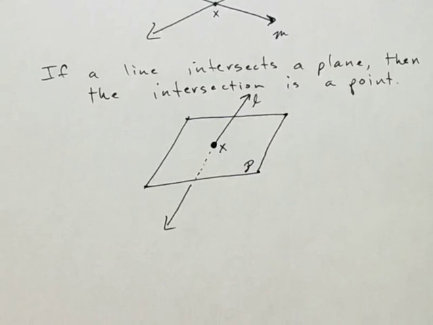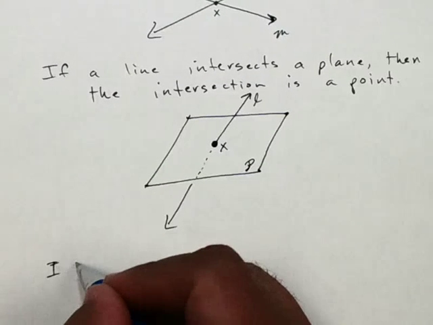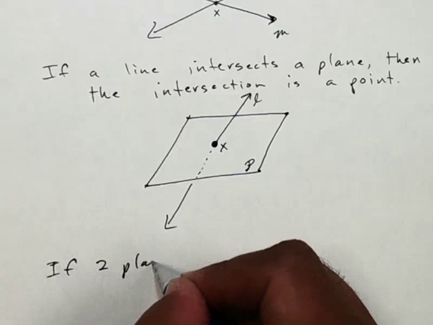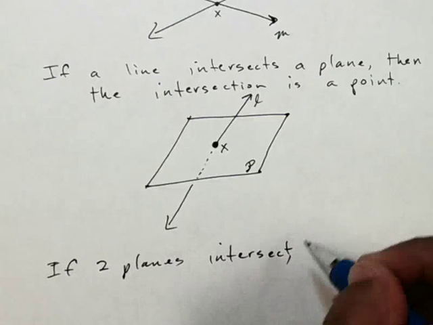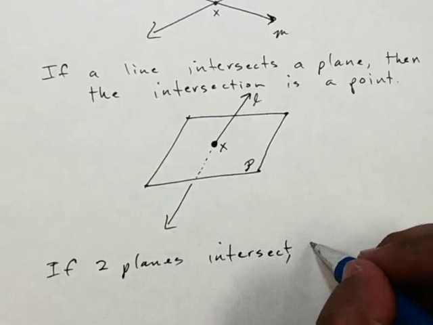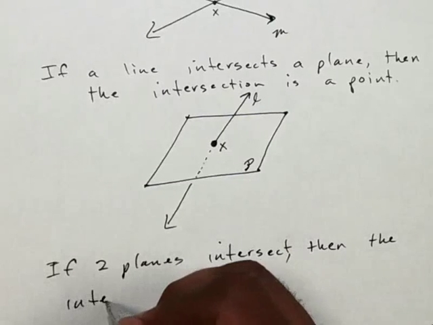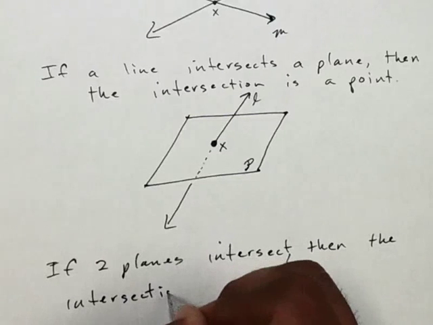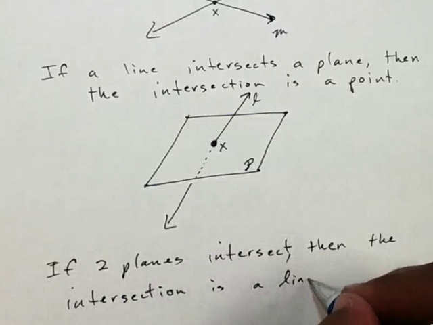The next one we have is if 2 planes intersect, then the intersection is a line.